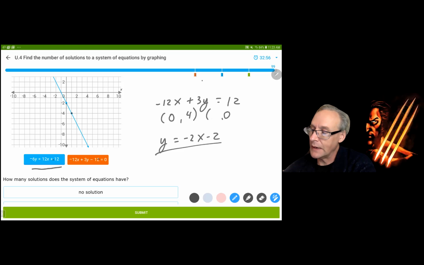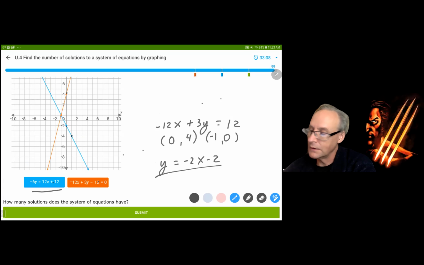And 0 for y gives me -1 for x. So (-1, 0) is right there, and (0, 4) is up above here. And there's my two equations, and they have one solution, don't they? Looks like that's my last one.